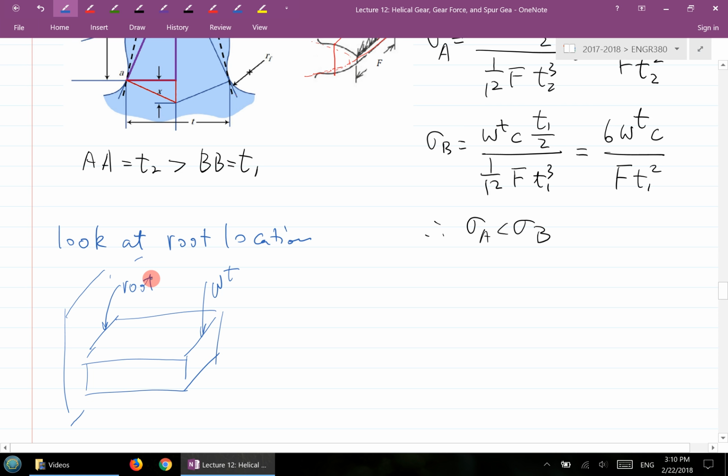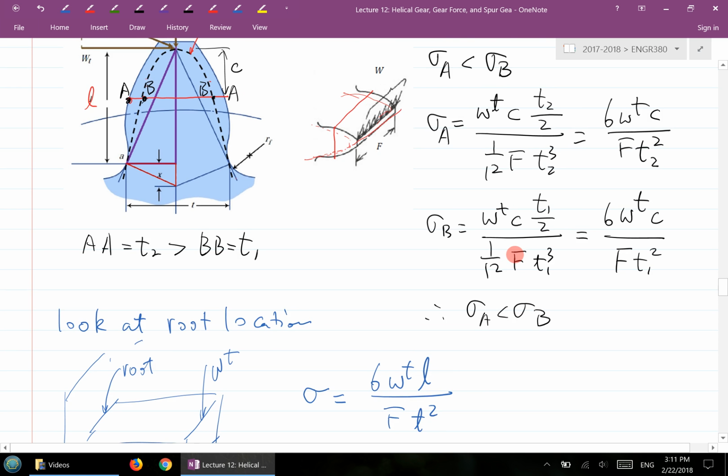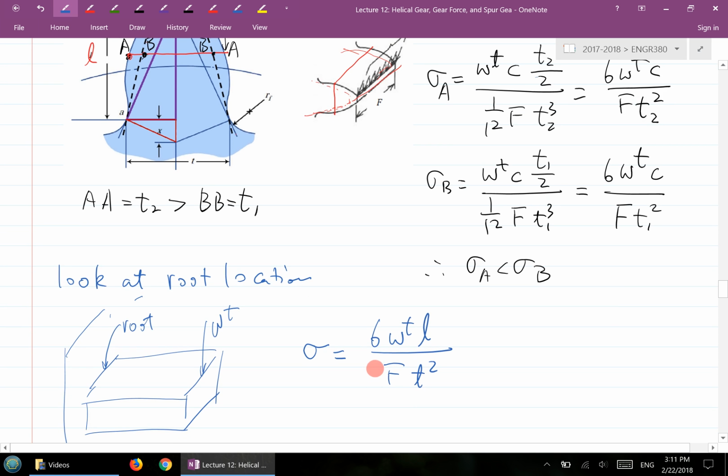We can find sigma equal to 6 times Wt times L over F t squared. Here is the length L, from here to the root, and t is the width of the root location. Wt is the transmitted load, so Wt times L is the moment, just the same derivation as before. So this is your sigma at the root location.